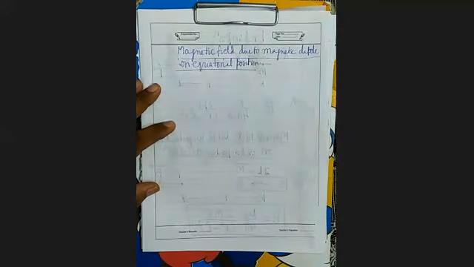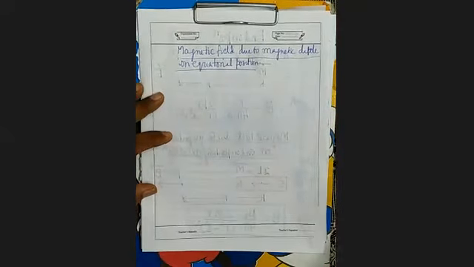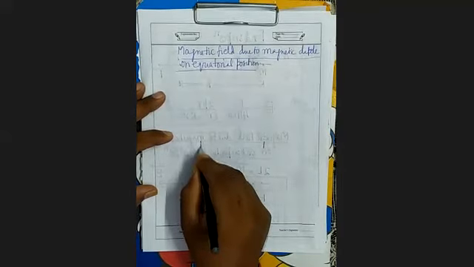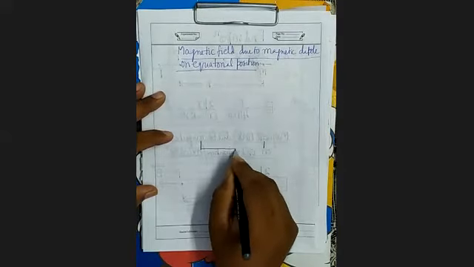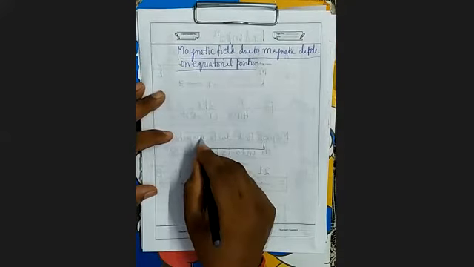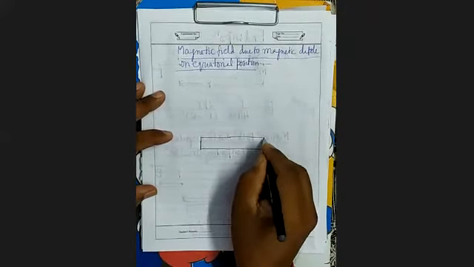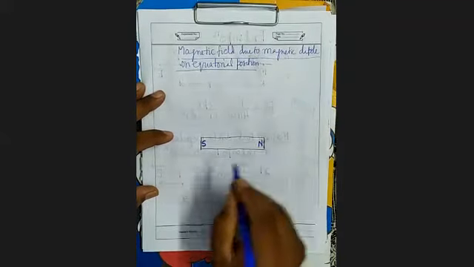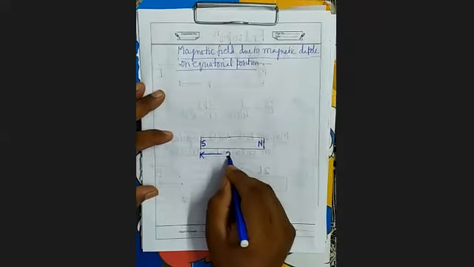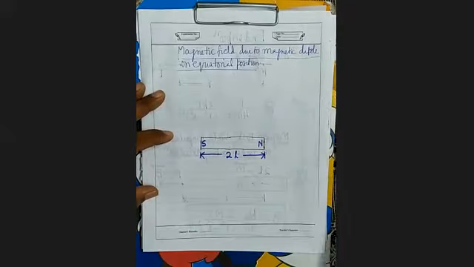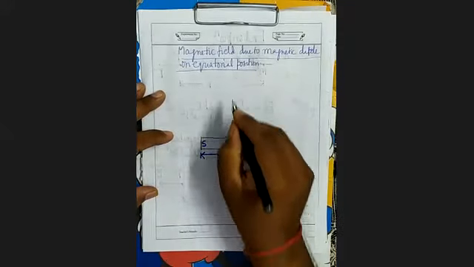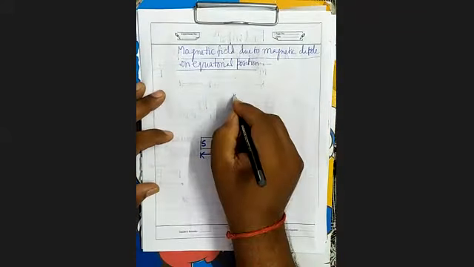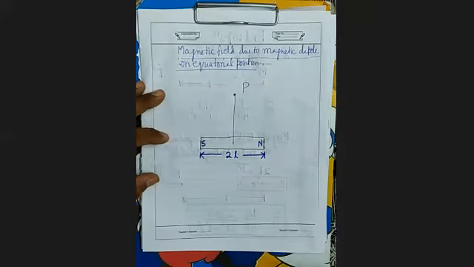Right bisector of the dipole length. You can see here. This is the dipole. This is south pole and north pole. Its length is 2L. And there is a point P on the right bisector of the dipole length. Here you have to find the magnetic field.